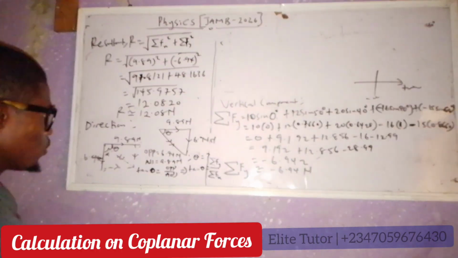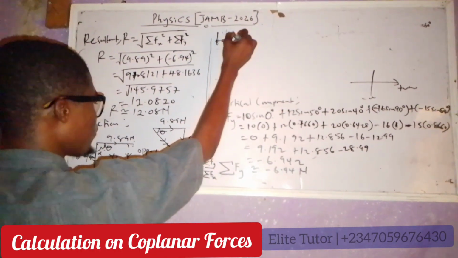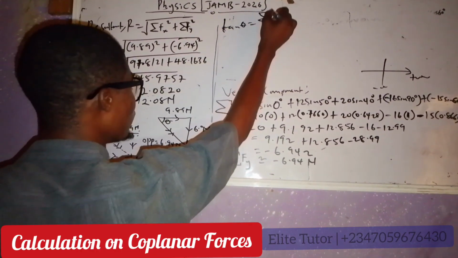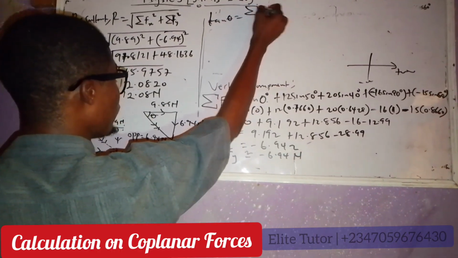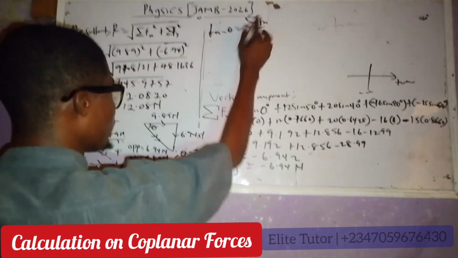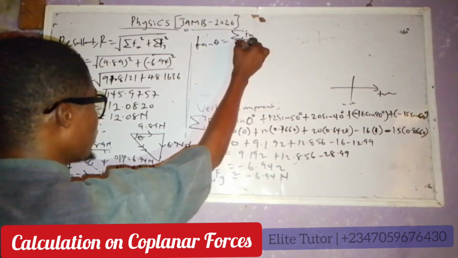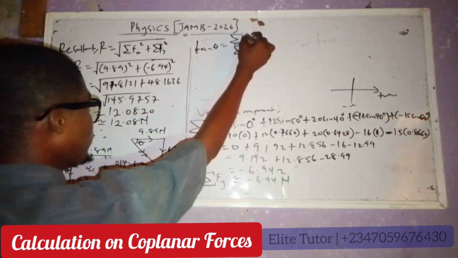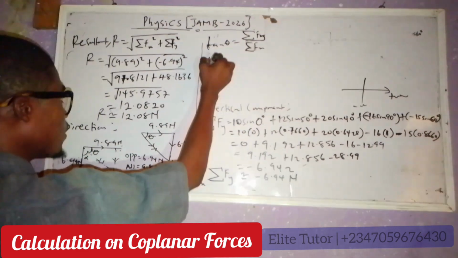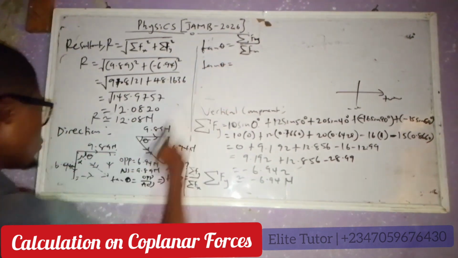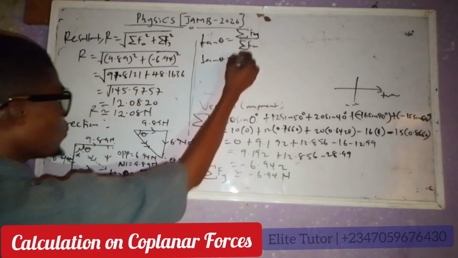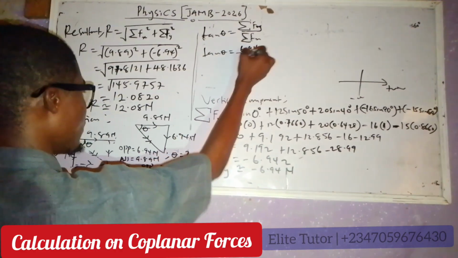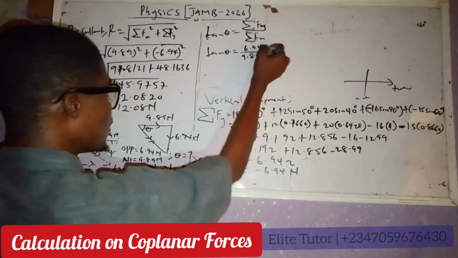So now, tan theta equals summation of Fy over summation of Fx, right? Fy over Fx. So that's tan theta equals to, what do we get for this opposite? Because 6.94 divided by 9.89, isn't it?